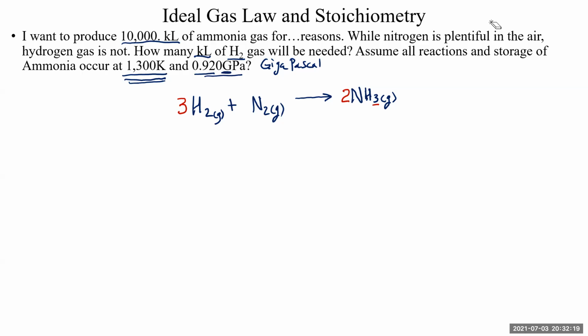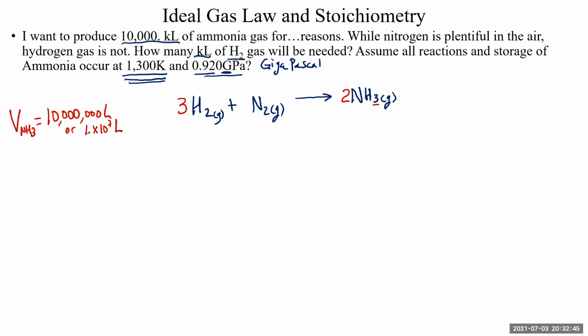I want to produce 10,000 kiloliters of ammonia. In other words, my volume of ammonia is 10,000. Actually, let's just say it this way: 10 million liters, or 1 times 10 to the 7th liters.